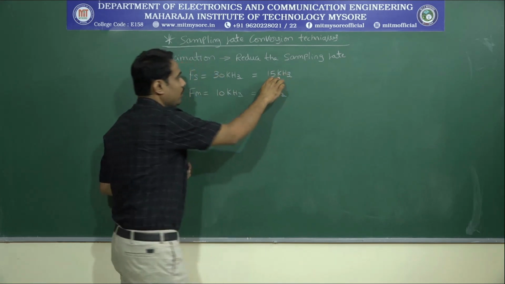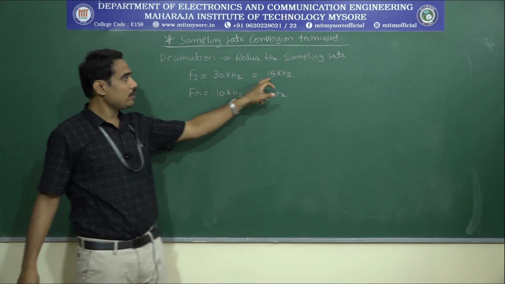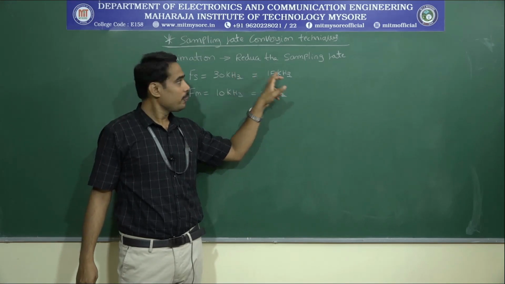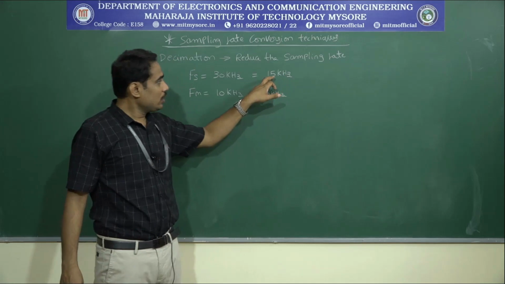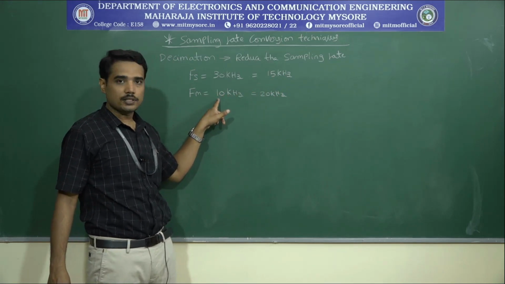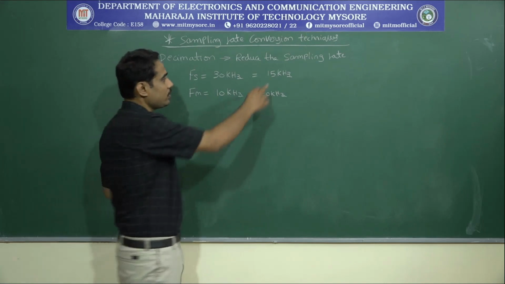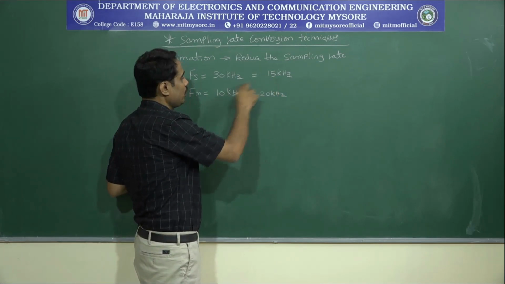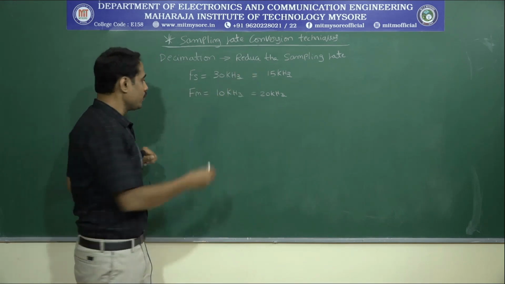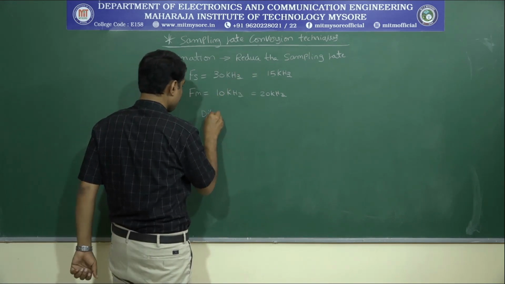The double of 15 is 30. The highest frequency component for this sampling rate is 15 kilohertz. Now, the highest frequency component for this signal is 10 kilohertz. The difference between 10 and 15 is 5 kilohertz.